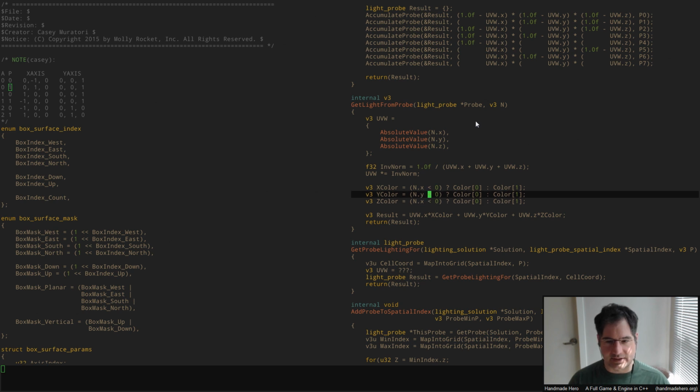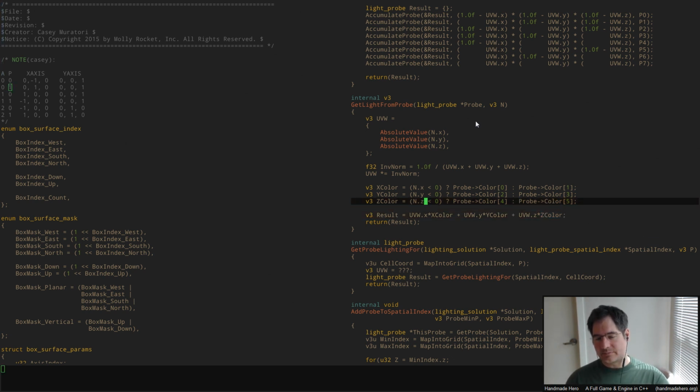You can see it just goes up the axis set. And so that would get us all of our colors that we need here. And then we're done. So that lets us pick, oh, well, if we don't have a typo, we're done. So that lets us pick which of our colors we're going to blend between, and then we blend between them to get the final result based on where the normal was pointing.